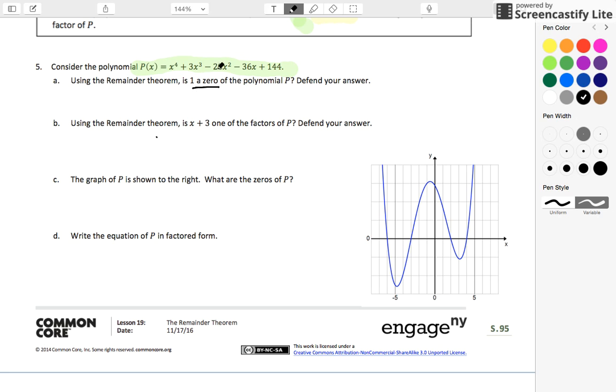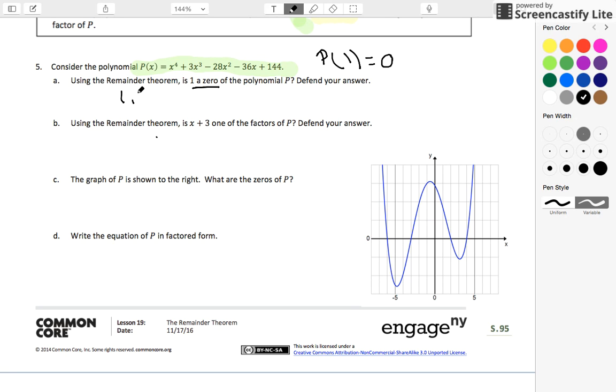In order for this to be a zero, I need to make sure that p of 1, when I substitute that, equals a value of 0. So I'm going to substitute 1 into this function.